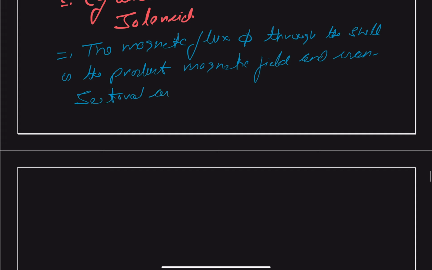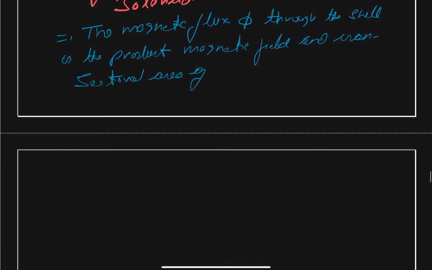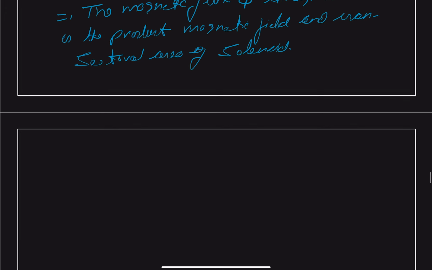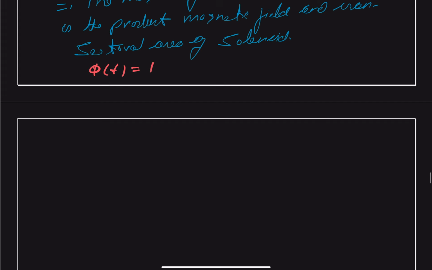And we can write the formula that flux, time dependent, will be equal to magnetic field, time dependent, multiplied by area, and magnetic field we already know is mu naught n I naught sine of omega t multiplied by area, which is the cross-sectional area, that is pi a square.